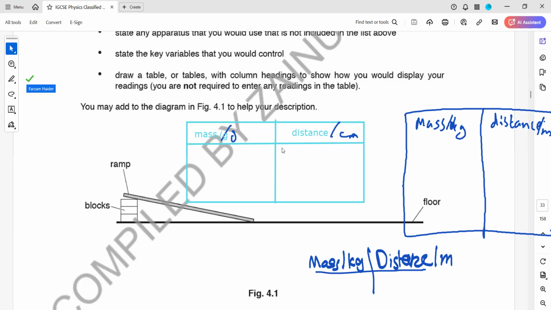We are not supposed to mention anything related to speed because we are investigating how the distance traveled by the toy truck depends on the mass of the toy truck when it is released from the top of the ramp.